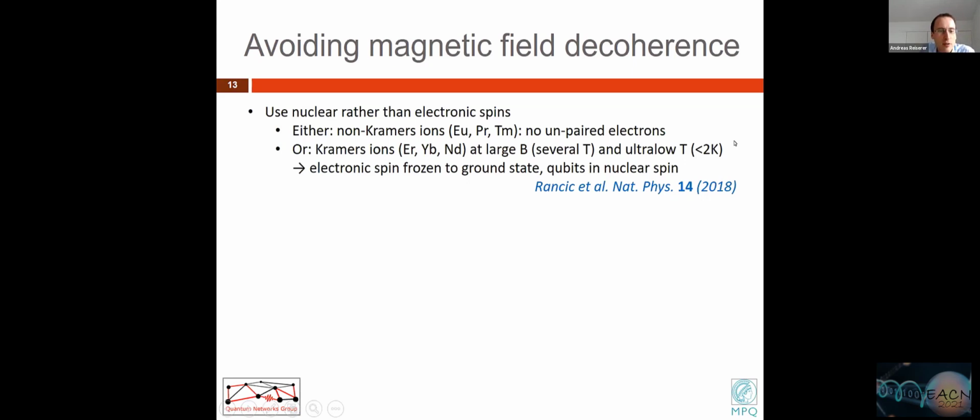This means that you can freeze the spin of the system to the ground state. Then you can proceed in a similar way as with the non-Kramers dopants. You can encode qubits in the nuclear spin, and again achieve coherence times in the range of seconds in that paper. But that's technically limited, not fundamentally limited.